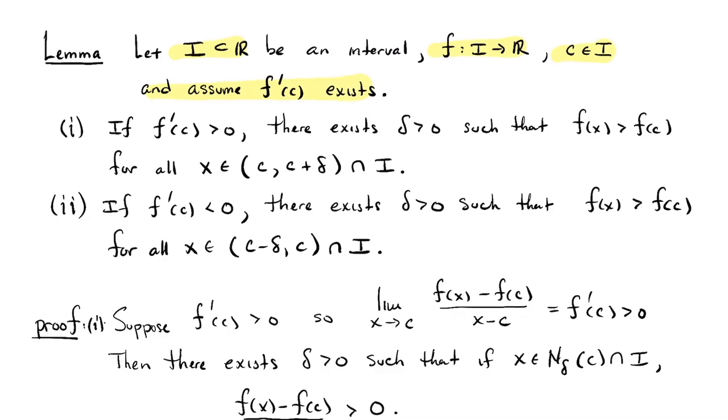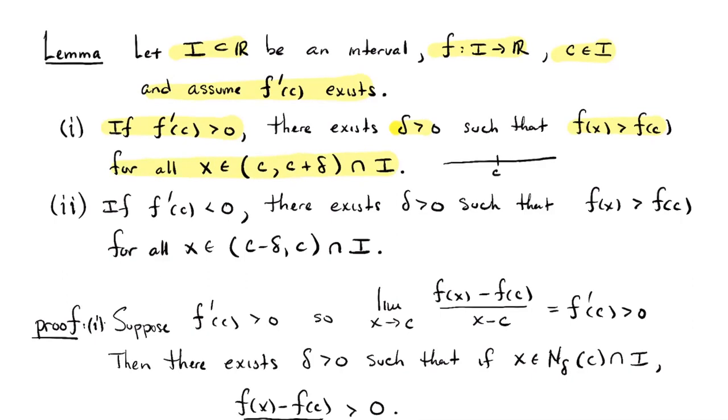Good. So if f prime of c is positive, then there's some positive number delta so that f of x will be strictly bigger than f of c, not in the entire delta neighborhood of c, but rather its right half. So if I pick x's that are within delta from c, but bigger than it. I can draw a little picture to help you visualize that.